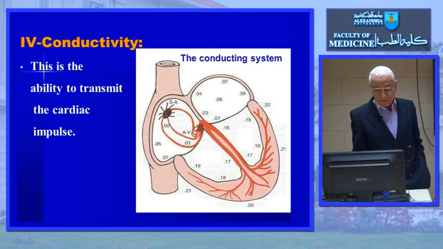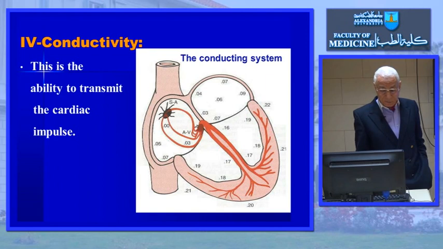In this conducting system, is the speed of conduction the same or variable? If it is variable, where is the highest conductivity and where is the least? And more important, what is the significance of least conduction and of high conduction?